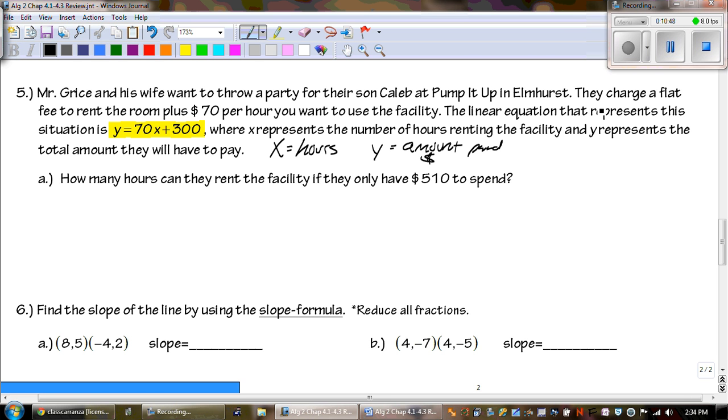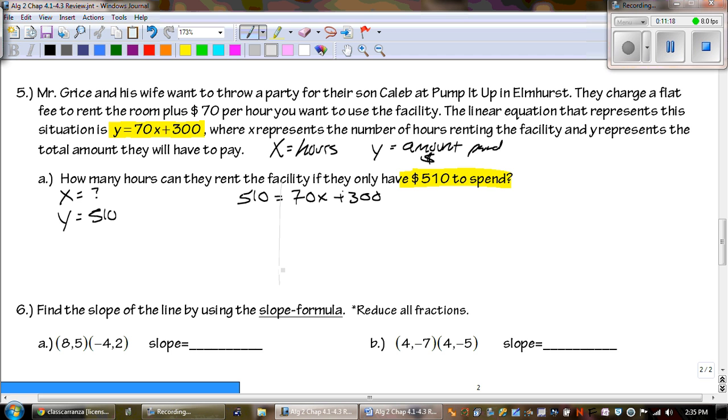So how many hours can we rent the facility if they only have $510? So did they tell us the x or did they tell us the y? Remember, x is hours. They didn't say anything about hours, but they told us that the y is 510. So 510 equals 70x plus 300.